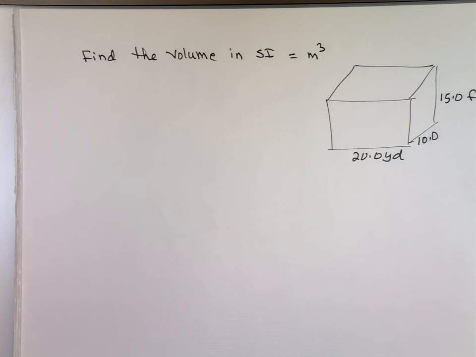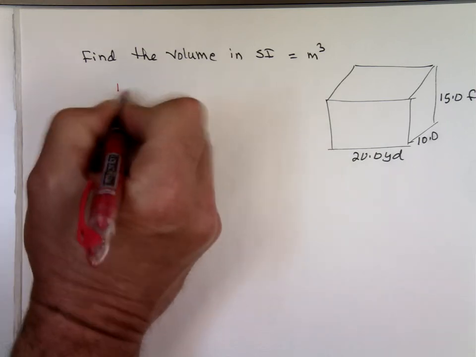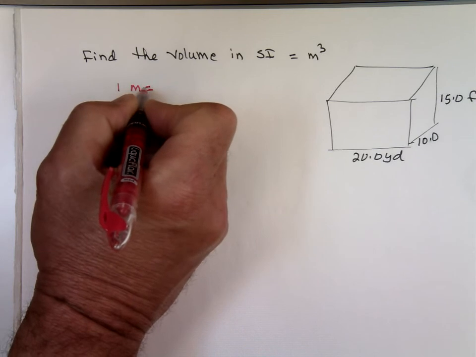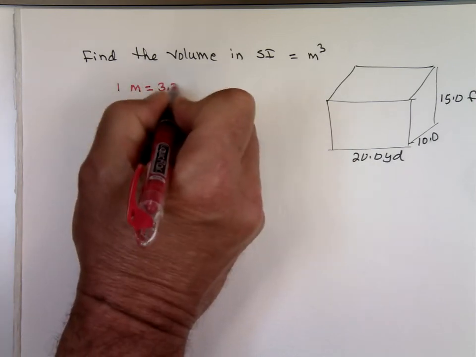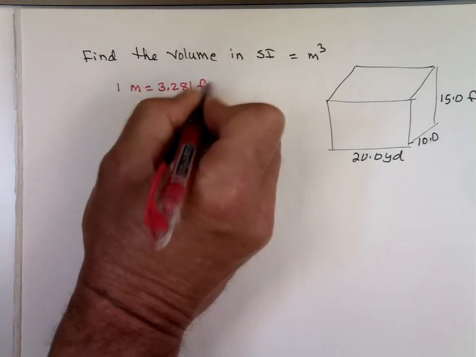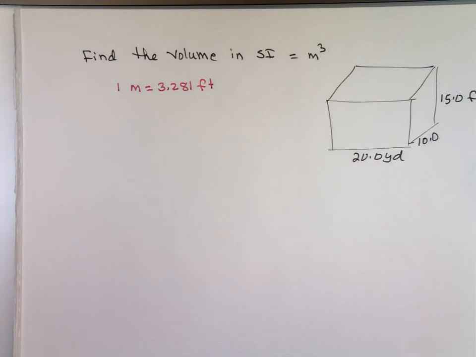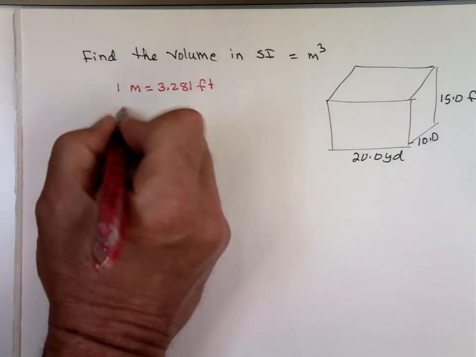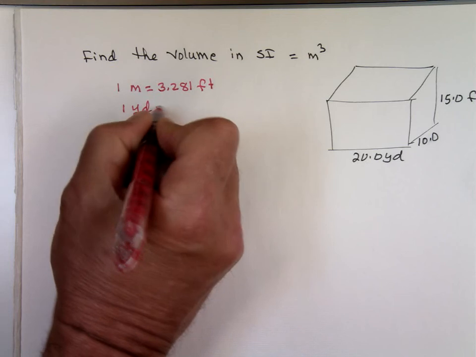The conversion factor I'm going to be using is 1 meter equals how many feet? 3.281 feet. In case you forgot, 1 yard has how many feet? 3 feet, right?